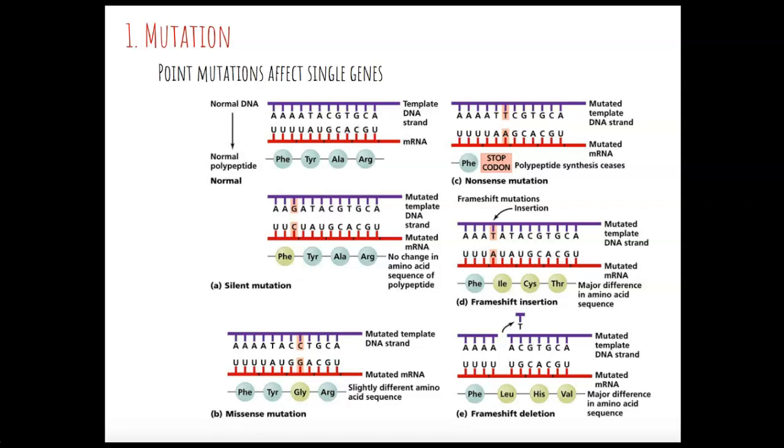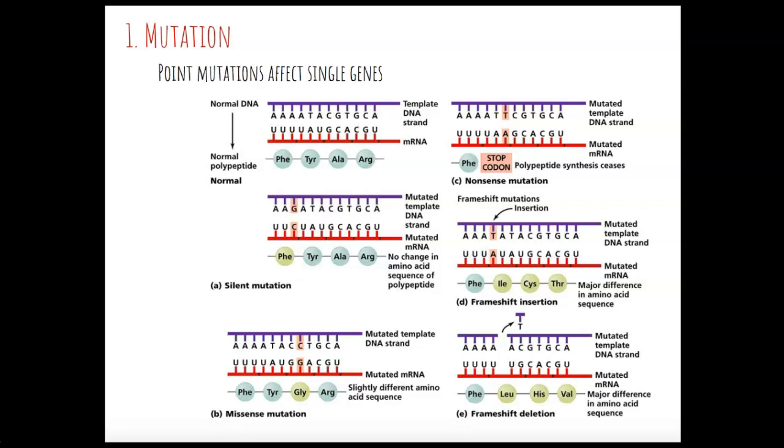The next type of possible mutation in your chromosomes or in your genes is called a missense mutation. This is where you have a mutation in the DNA that causes a mutation in the mRNA, and it does in fact cause a change in the amino acid sequence.